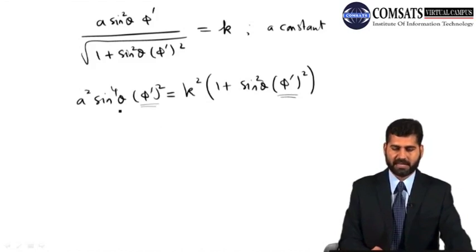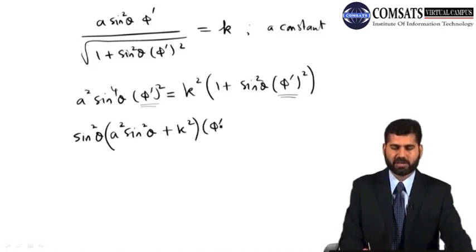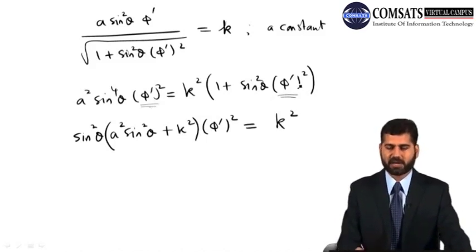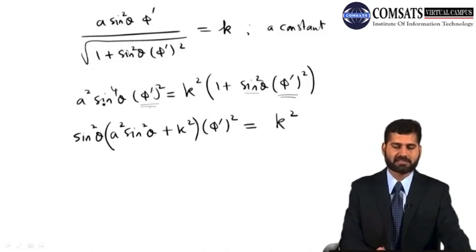Sine square theta is common, so if I take sine square theta as common, I'll get a square sine square theta plus k square, and phi bar square is also common, equal to k square. So from this term and this term I took phi bar square common, so I'm left with sine square theta k square, but I took sine square theta as common as well, so I'm left with this one.